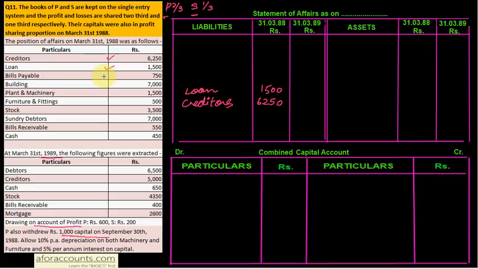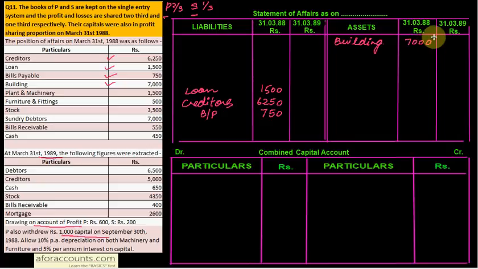Then bills payable is 750. Building is 7000, so building is an asset. This is all related to the opening statement of affairs. So building 7000, mark it.